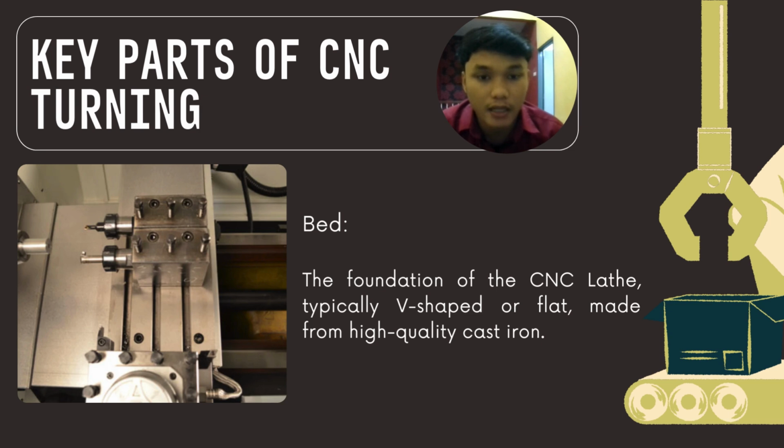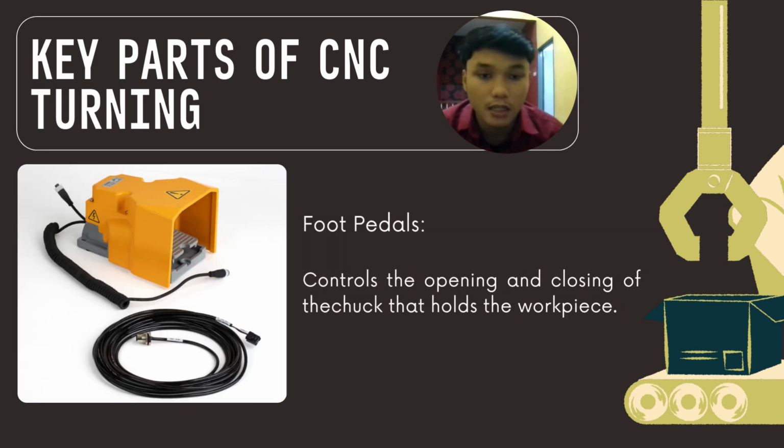Next, bed. The foundation of the CNC lathe, typically V-shaped or flat, made from high-quality cast iron. Next, foot pedals. The foot pedal controls the opening and closing of the chuck that holds the workpiece.